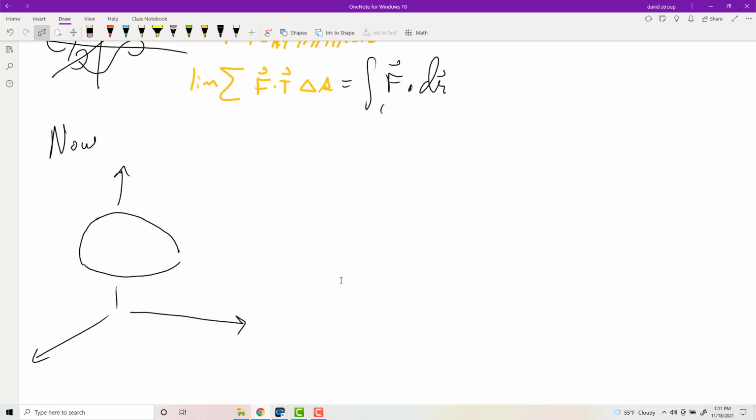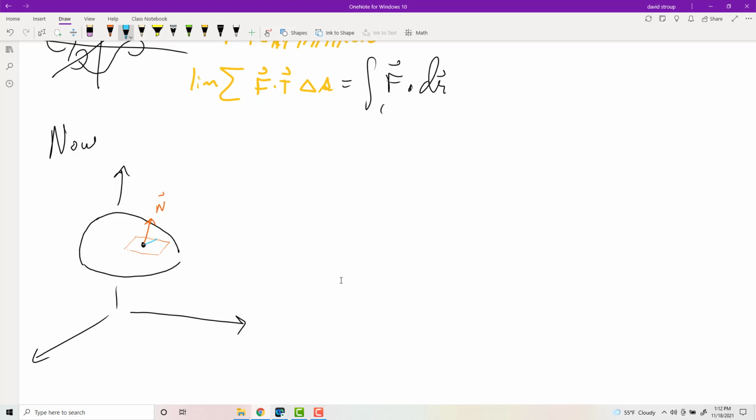And what we're going to do is immerse this in a force field as usual. And then at some point on the surface, there will be a tangent plane to it. And we can consider the alignment between the normal vector on that tangent plane, so maybe this vector is the normal vector, and the force field vector.